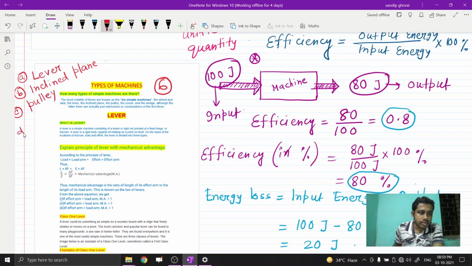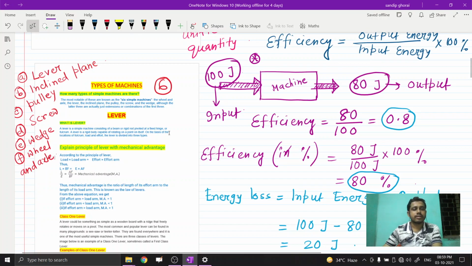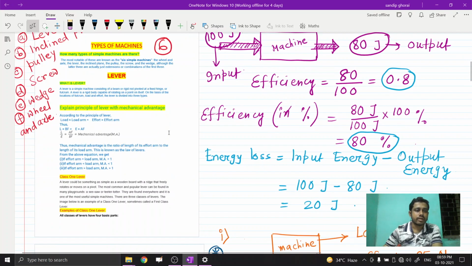Okay, and fourth one, that is screw, and fifth one is wedge, and the sixth one, wheel and axle. Okay, so these are the six types of machine that are generally used in our daily life.